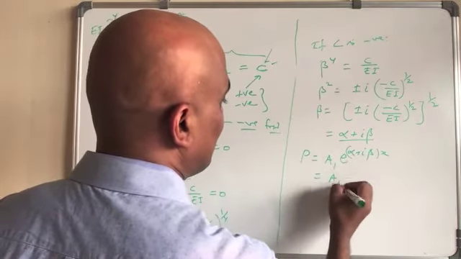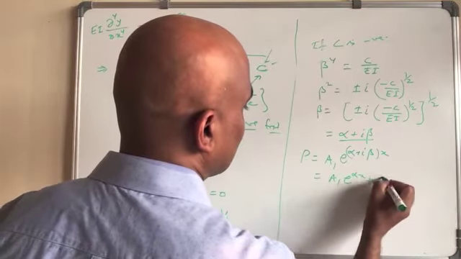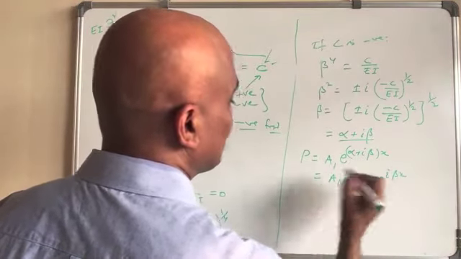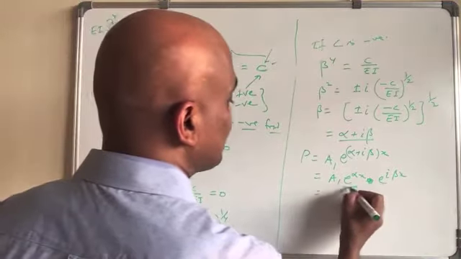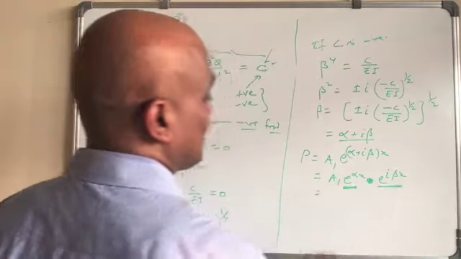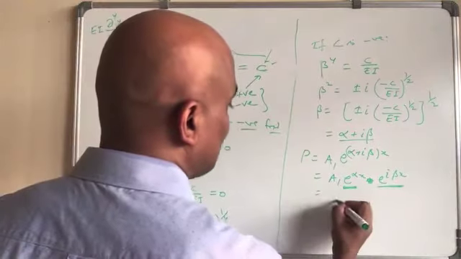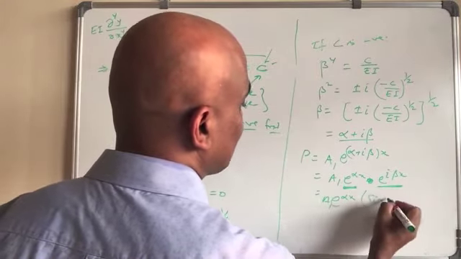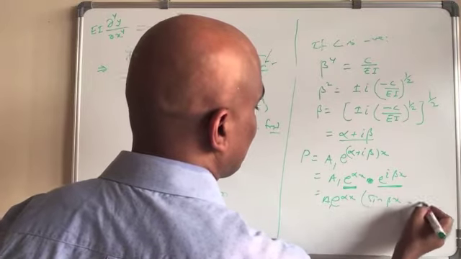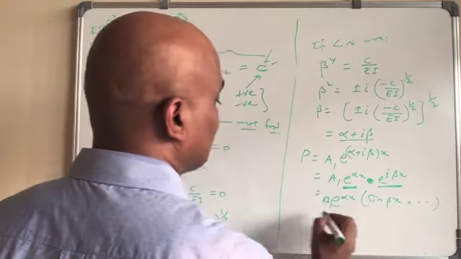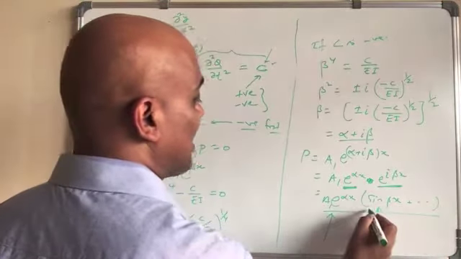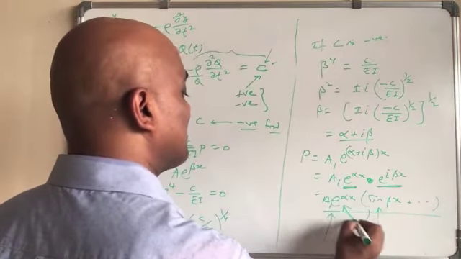So it will be A1 e to the power alpha x times e to the power I beta x. This is multiplication here, so both are multiplied. So we have e to the power alpha x also, multiplied by sine beta x and like this. So it is not purely sine.